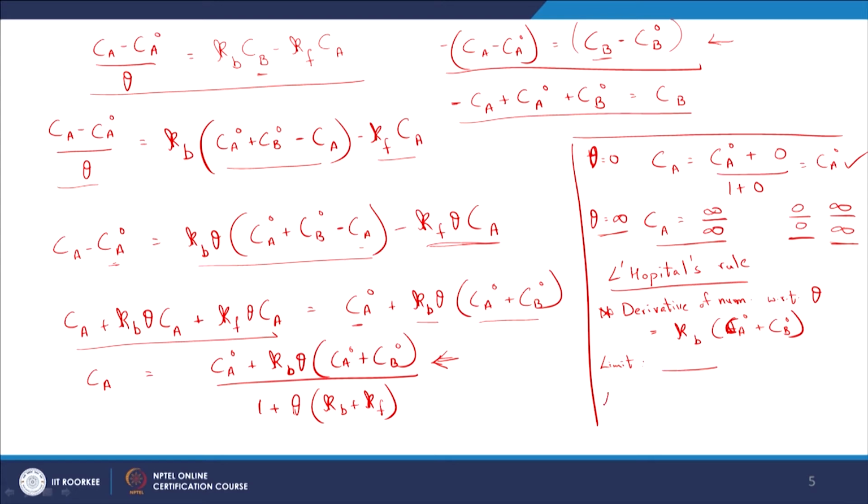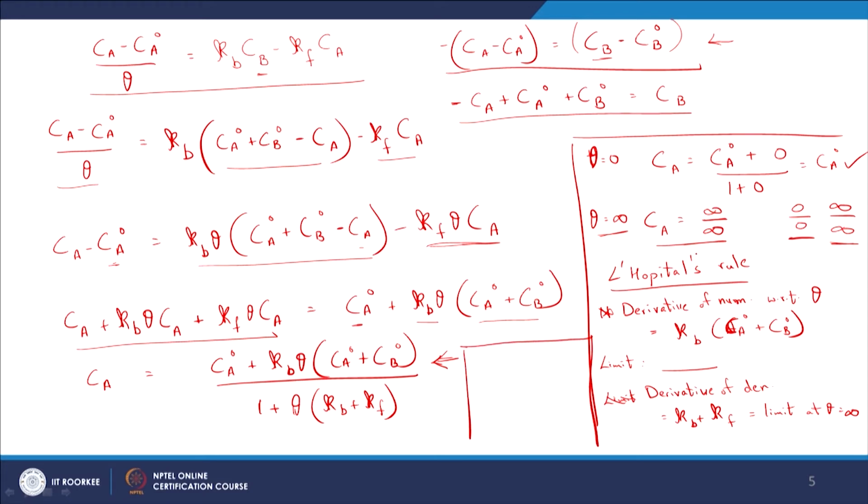And the derivative of the denominator with respect to theta is going to be KB plus KF, and that again is the limit at theta equal to infinity. So let us see what we have here now. I am going to continue this here for the sake of our understanding.